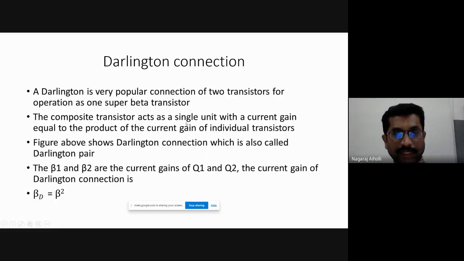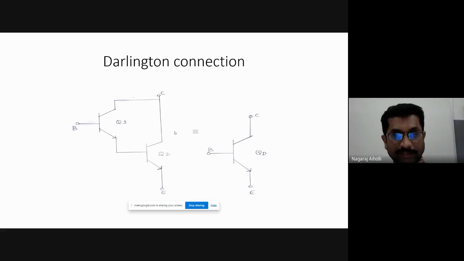The composite transistor acts as a single unit. If it acts like a single transistor, then its current gain is given by the product of the current gain of the first transistor and the current gain of the second transistor.